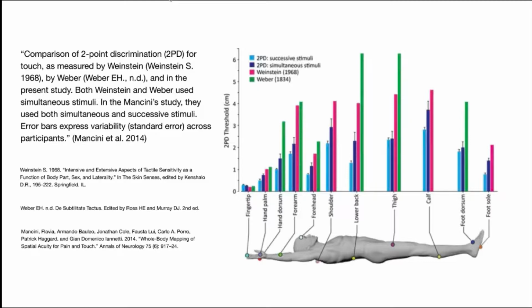So basically looking at just noticeable difference here, which is how close can you put two points on the surface of the skin before it feels like one point instead of two points. That's a way that scientists have described the body's sensitivity to touch.